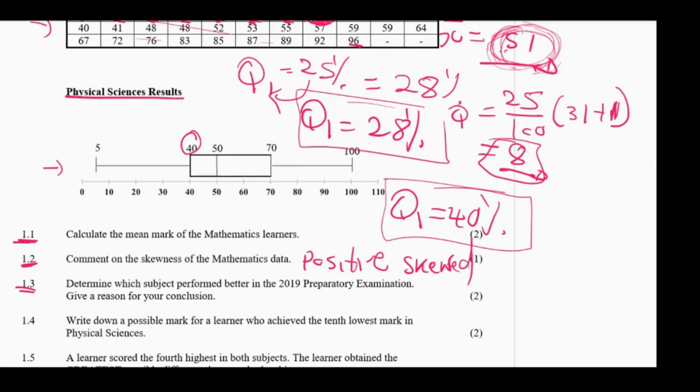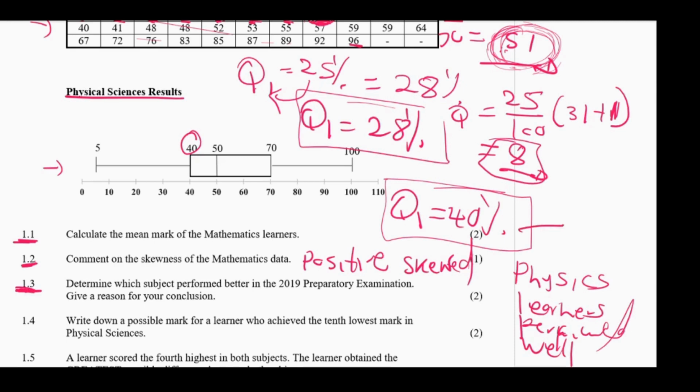So definitely physics learners performed better than maths learners in this question. You can simply write Q1 for physics and then Q1 for maths, and conclude by saying this statement.